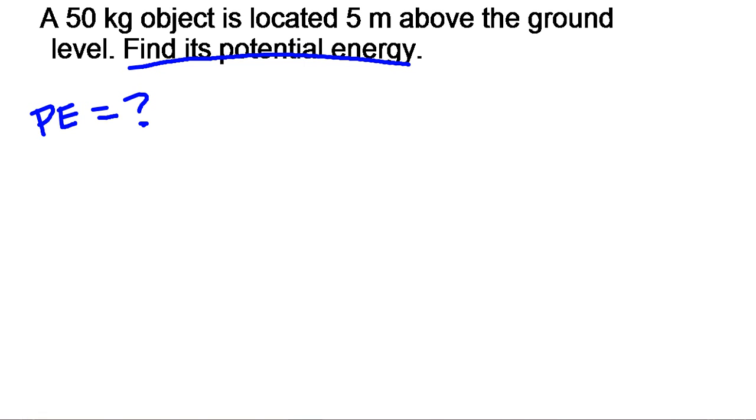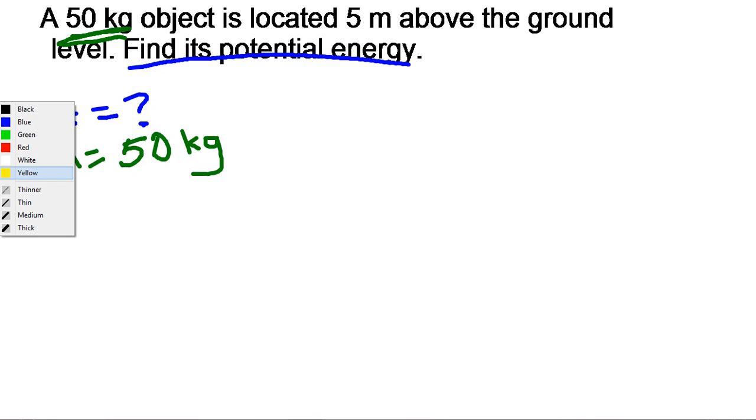In my potential energy equation, I have 3 variables. I have m, and mass, remember, has a unit of kilograms. So I'm going to look for kg in my equation, and I'm going to see that I have 50 kilograms.